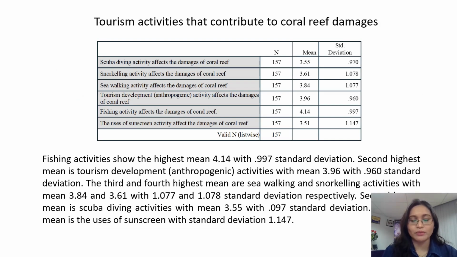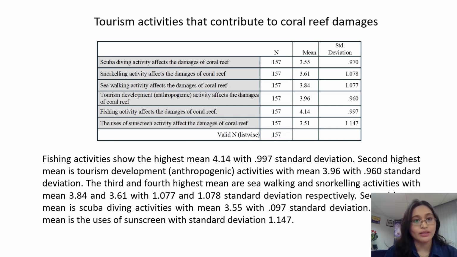For the second objective in this study, we tried to identify which tourism activities contribute to coral reef damage. In our questionnaire, we listed several tourism activities that can probably contribute to the damage.